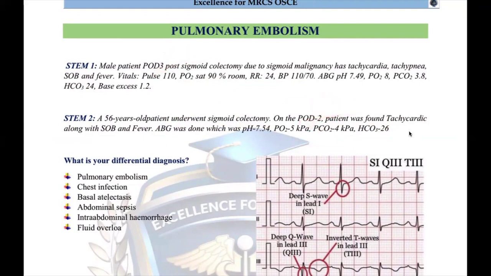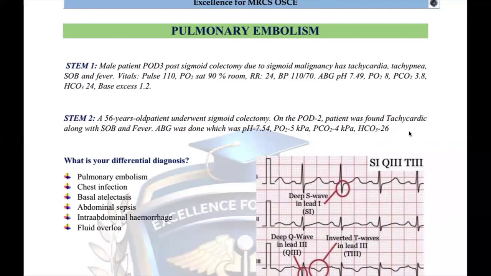Did you get my point? One thing, please. Since the patient has sigmoid malignancy, which is also a risk factor for DVT formation, the patient is highly susceptible to developing DVT, but it is very unlikely to develop within 2 days. The main blood clot source is the legs, so immobilization needs some time.